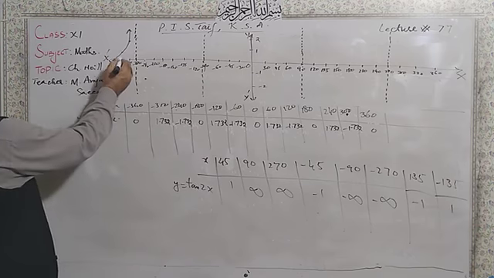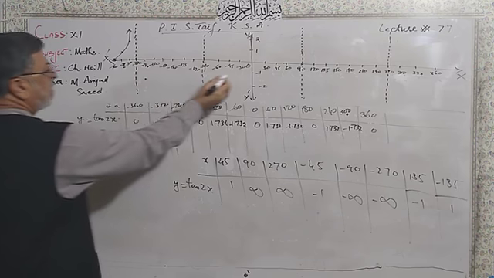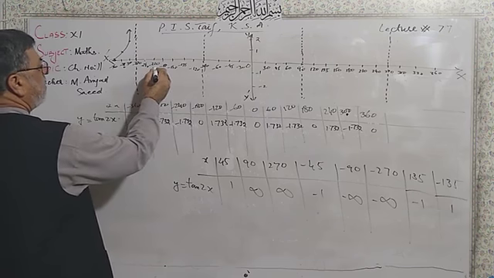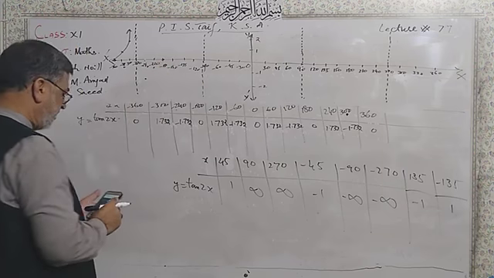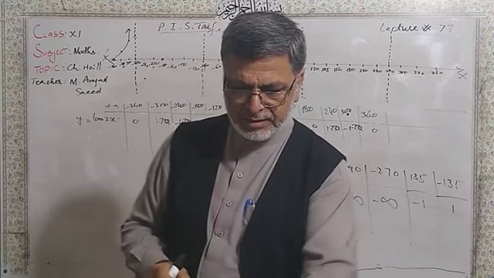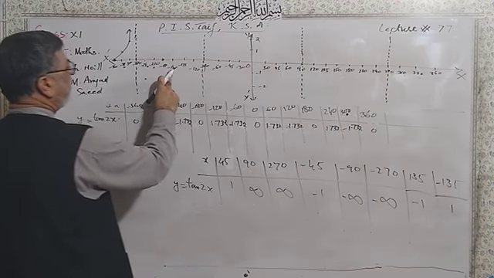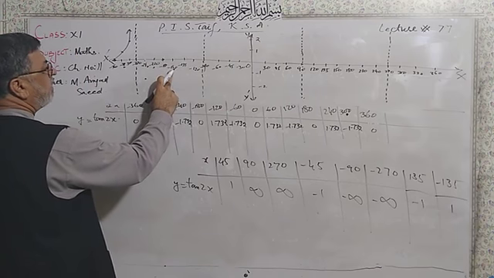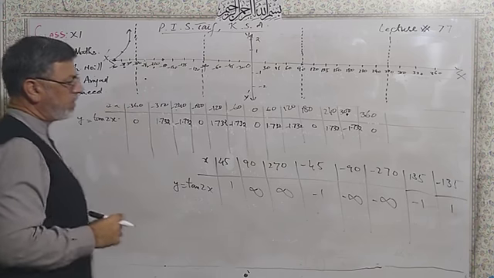Here is minus 0.6. This one. And 180 is 0. Then again we have minus 150.